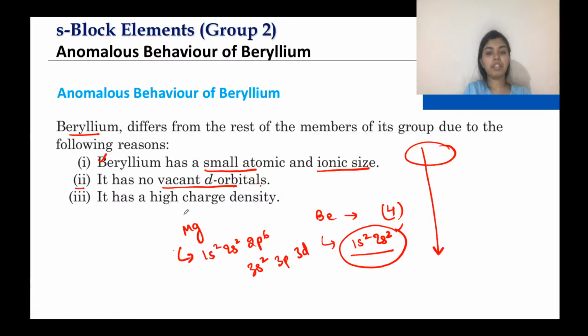So magnesium and the other members of the group following magnesium down the group have vacant d orbitals. For example, magnesium has 3d, and the next to it will have 4d, then 5d, then 6d and so on. Because beryllium has no vacant d orbital, it cannot expand its covalency.